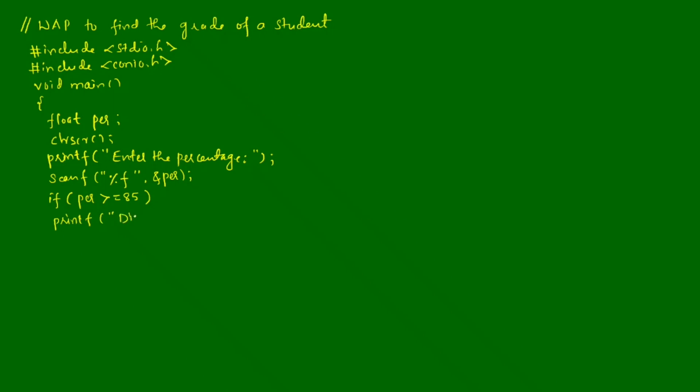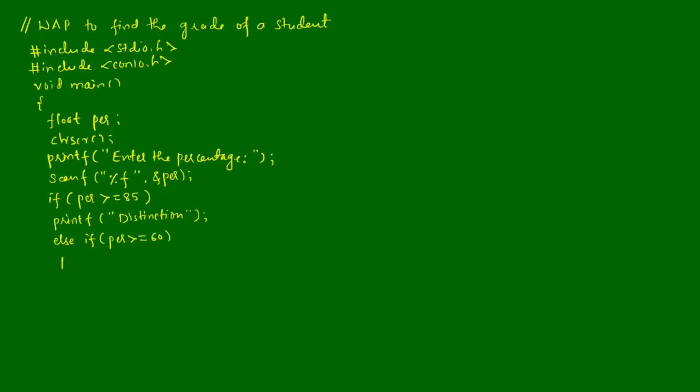I'm going to write distinction and end the double quotation mark and put a semicolon. So what is going to happen if the percentage is not greater than or equal to 85? Then we have to check the next statement. Else if the next condition is what? Is percentage greater than or equal to 60?